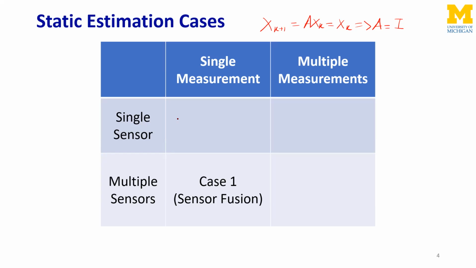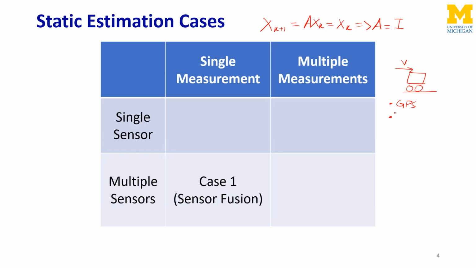So if you have a single sensor, well, let's consider an example. Let's say you have a car going at some velocity v, and you are trying to estimate its velocity. Now, what are the different sensors that you can use? Well, you can have a GPS.